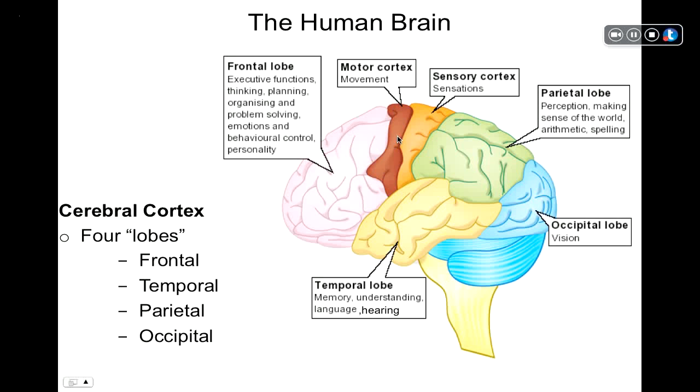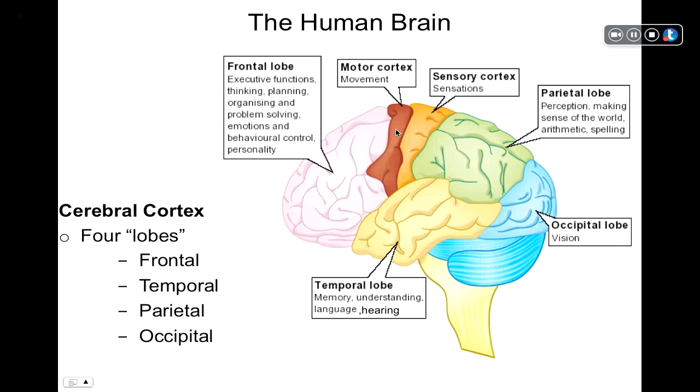The frontal lobe also has a strip right here known as the motor cortex. This is kind of an interesting piece of real estate. That is, if you take off the top of somebody's skull and put an electrical probe to the motor cortex, the entire spectrum of motor behaviors is mapped out in this motor cortex.